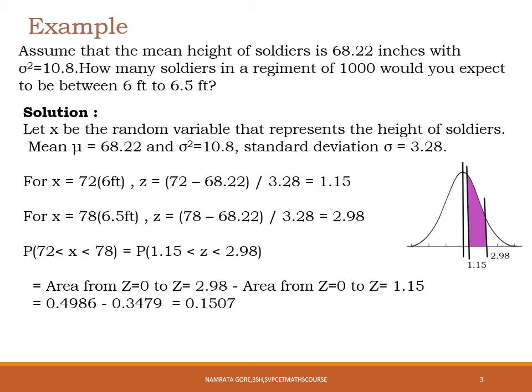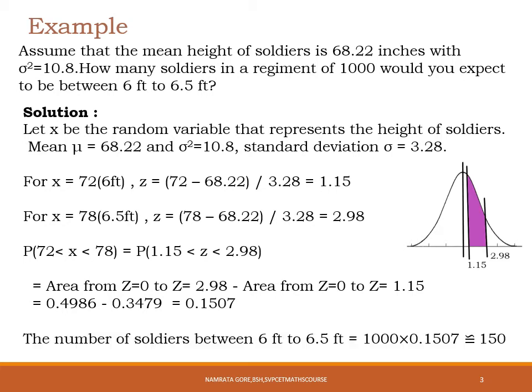So area from z equal to 0 to z equal to 2.98 can be noted down from the normal distribution table, and it comes out to be 0.4986, and area between z equal to 0 and z equal to 1.15 is 0.3479.